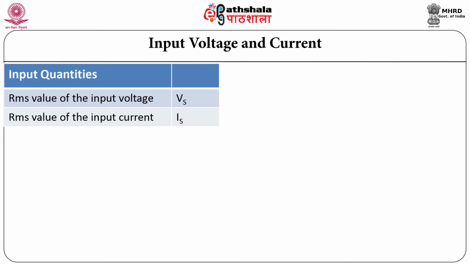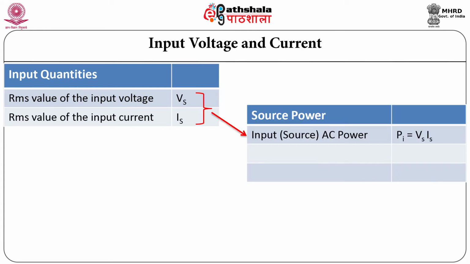If you know the input voltage and input current, we can determine the input power, which is AC power, that is Vs into Is. The input voltage is, in most cases, purely AC. Voltage is AC, but for the input current, we cannot talk about the type of the input current. It means it may be AC, it may be DC.